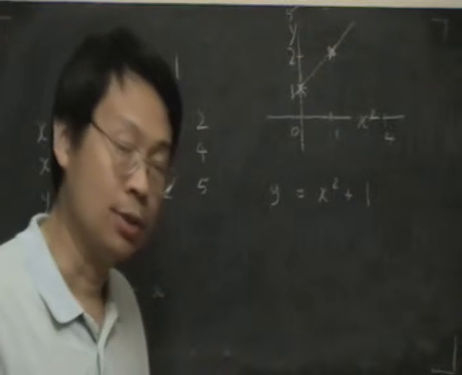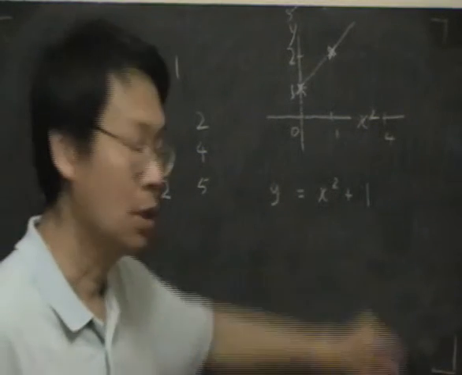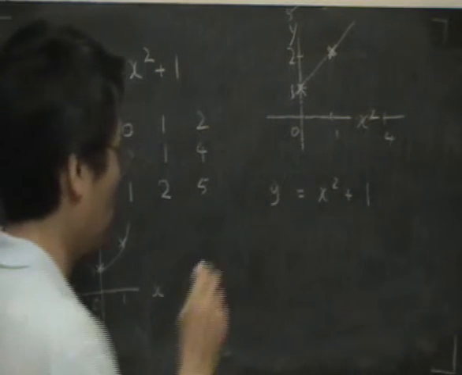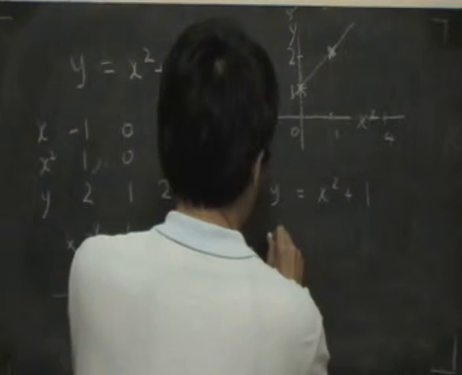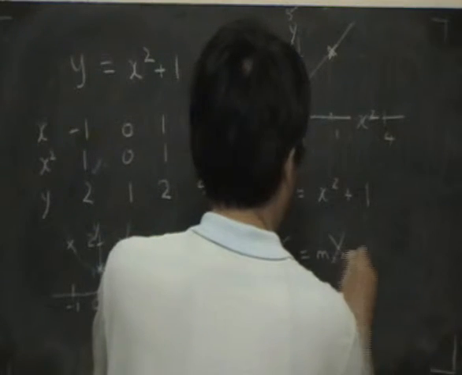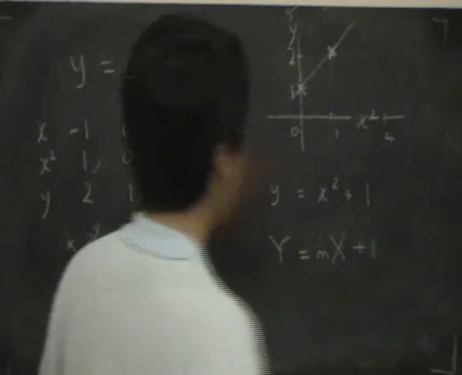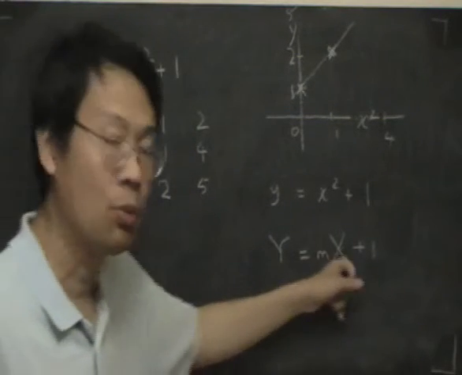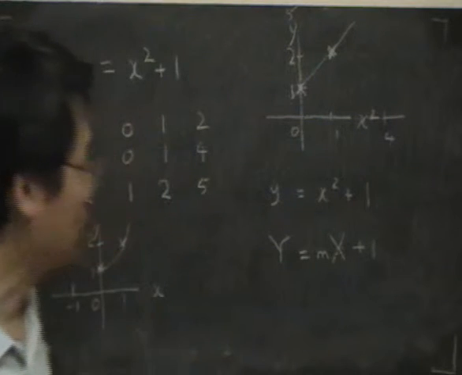Okay, now to understand this, compare this equation with the straight line equation. Now I'm going to write the straight line equation like this. I've used capital letters for the y and the x of this equation.